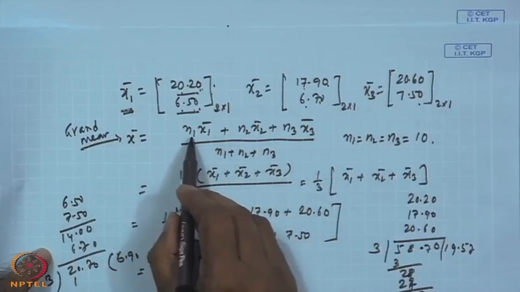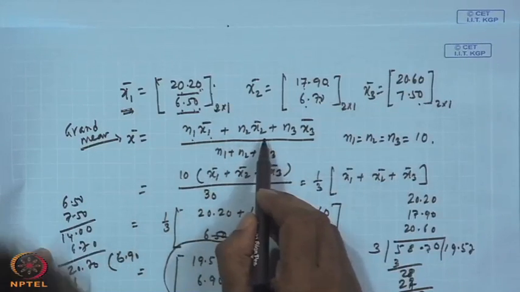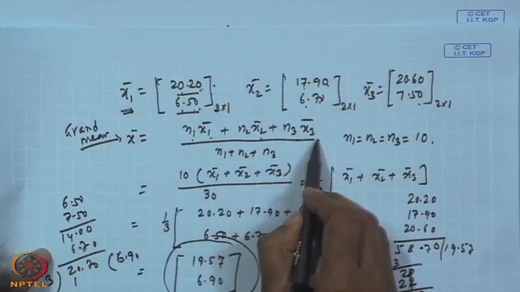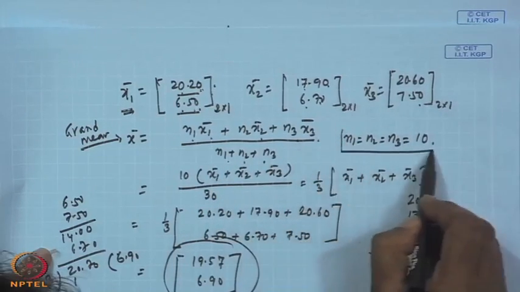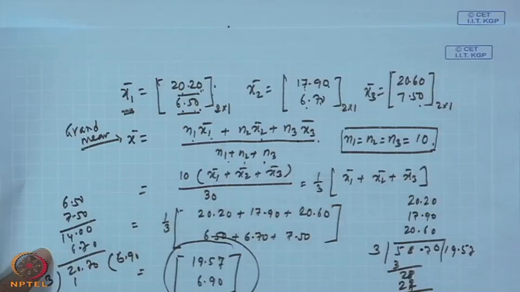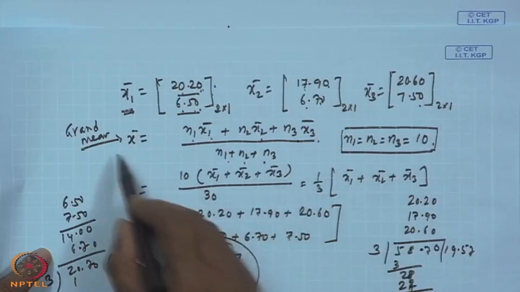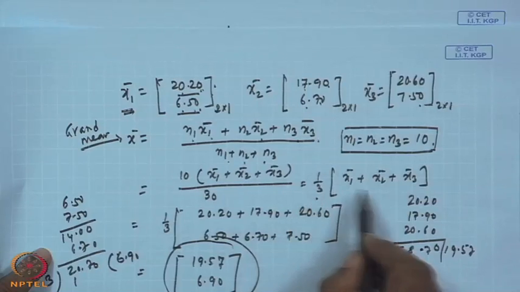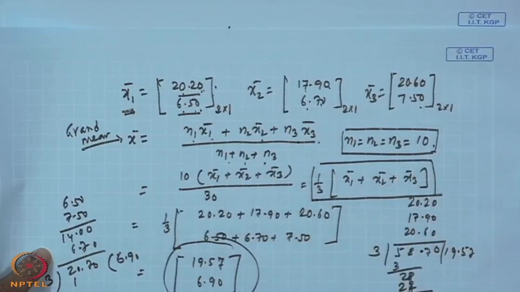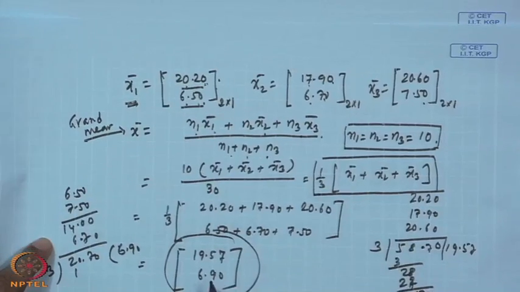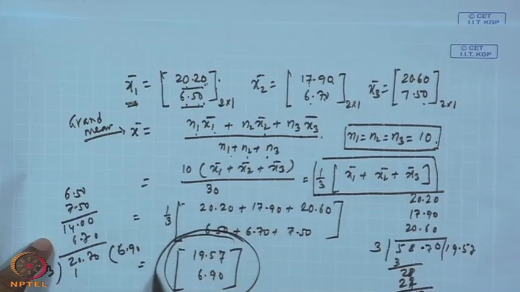The grand mean is n1 x1 bar plus n2 x2 bar plus n3 x3 bar by n1 plus n2 plus n3, and in our case it is the equal sample size case. So, finally, it goes to 1 by 3 times the sum of the three mean vectors, and the resultant value is this.